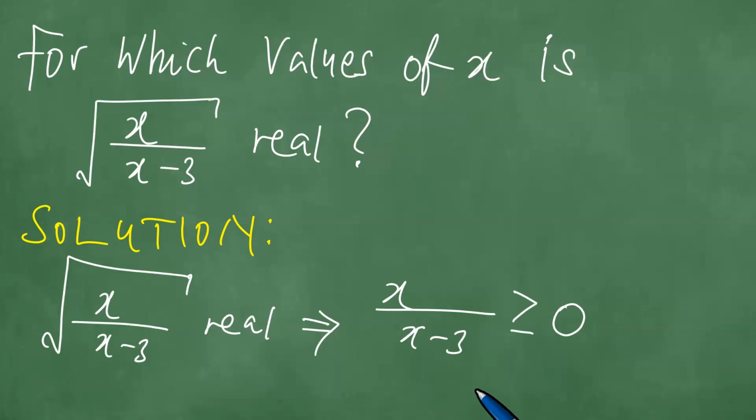So we don't take square roots of negative numbers at school level. Right, so we restrict whatever is under the square root to be non-negative, greater than or equal to 0. So we then have to solve x over x minus 3 is greater than or equal to 0.